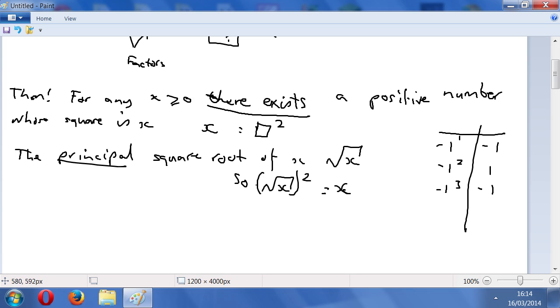We can see that if we do the negative square root of x squared, we get x as well, because anything to the even power is going to be positive, isn't it? Including negative numbers.